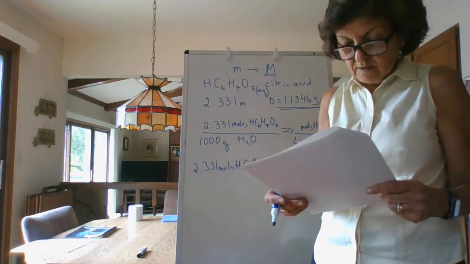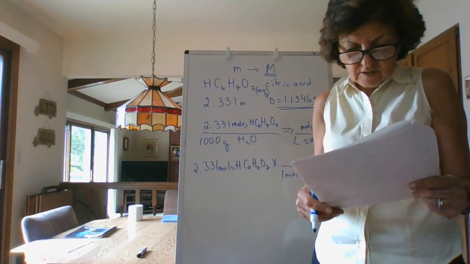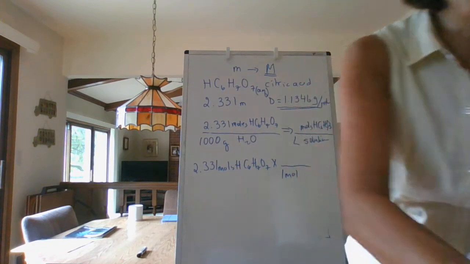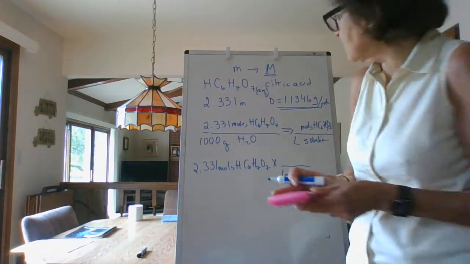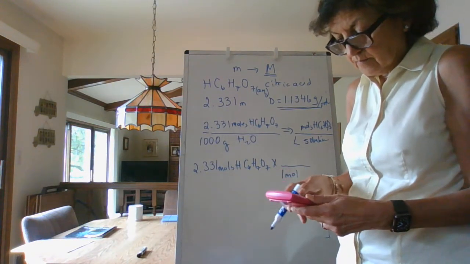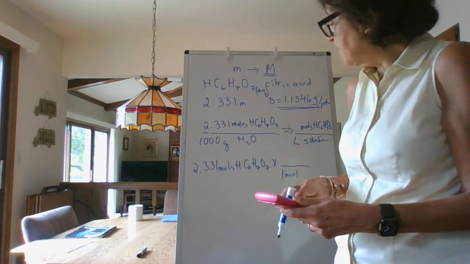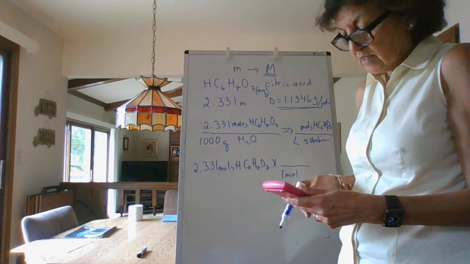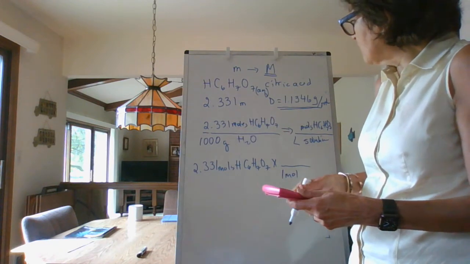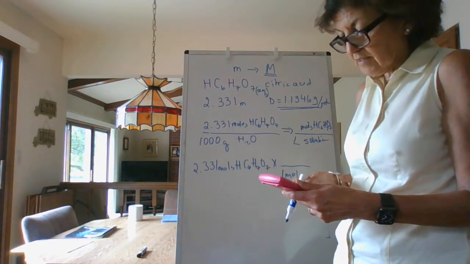And I wonder if I have it written down here somewhere. It says here it's 192.14, but let me just double check. Okay, carbon is 12. So 12 times 6. Okay, I know that's 72. I'm going to add 1 for each hydrogen, so plus 8.